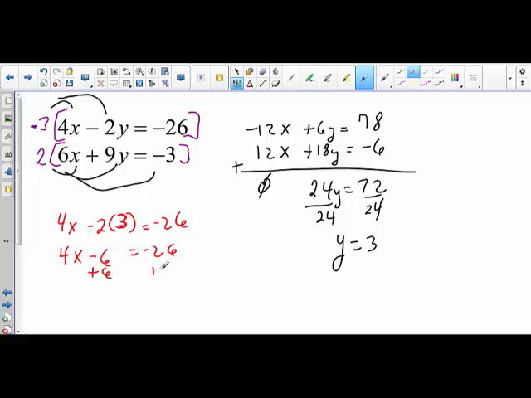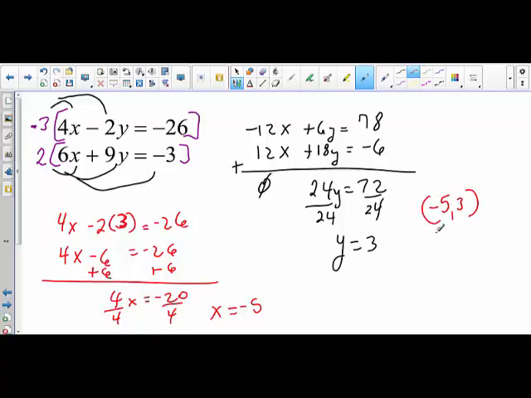So I'm going to add 6 to both sides. 4x equals negative 20. Divide both sides by 4. X equals negative 5. So our answer is negative 5 comma 3. Anytime you solve for x and y, you must leave your final answer as an ordered pair.